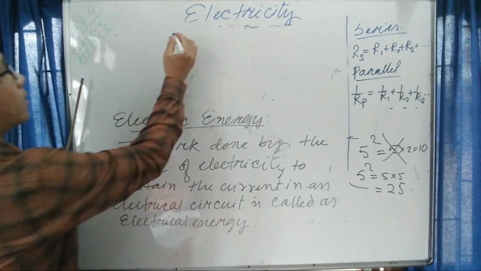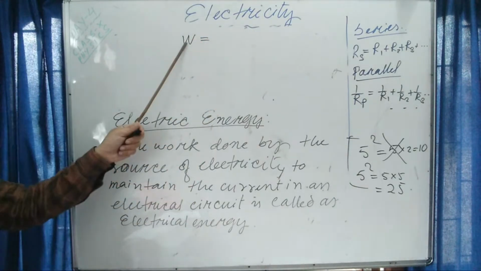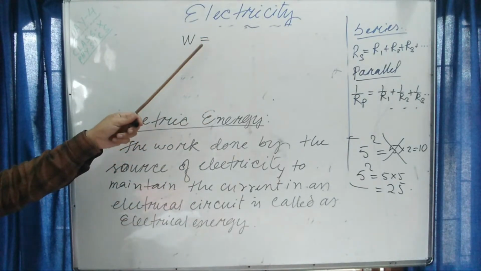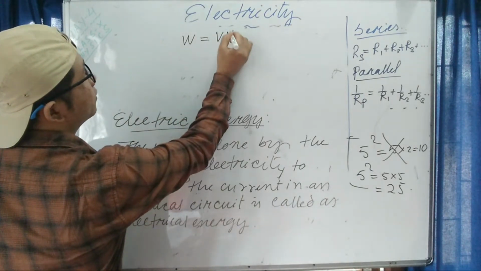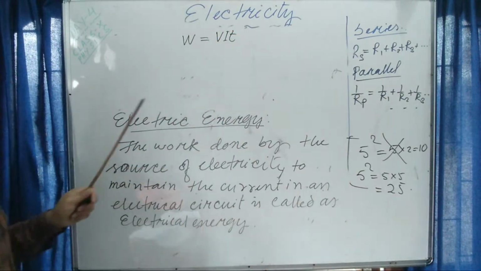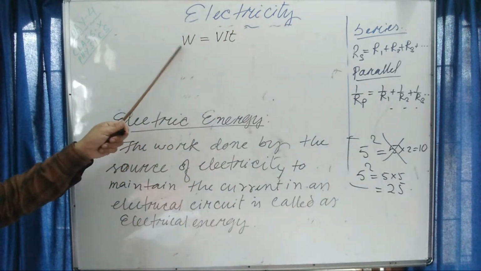We know that work done is what? What was the unit of work done? What we find out, that equation is VIT. VIT we already know. Here you must know that the work done is equal to the electrical energy consumed.